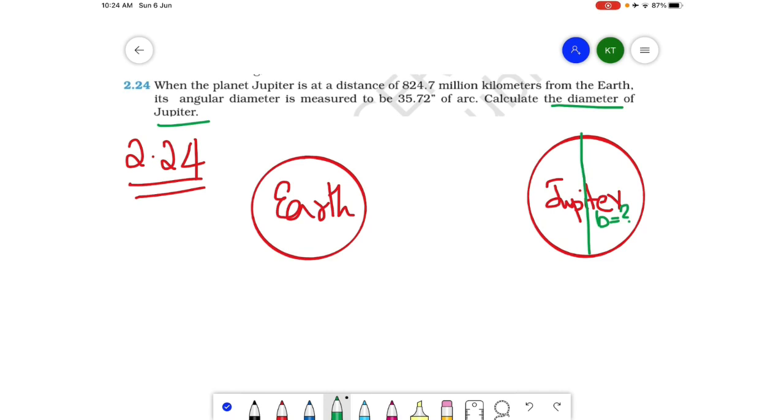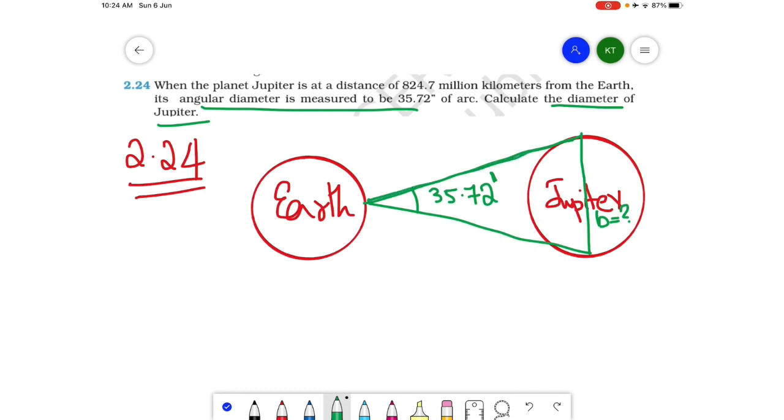From the Earth, the angular diameter has been given to be 35.72 seconds. The distance from Earth to Jupiter has been given as D equal to 824.7 million kilometer, that would be 10 power 6 kilometer.